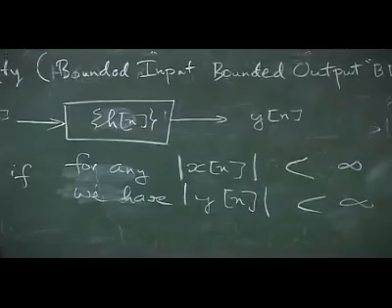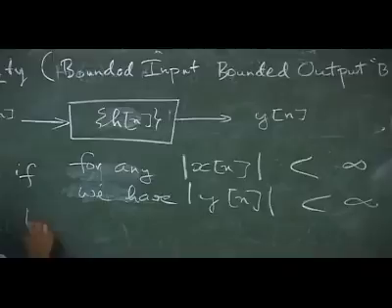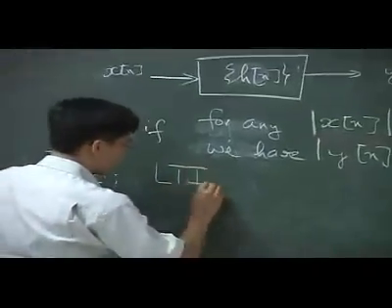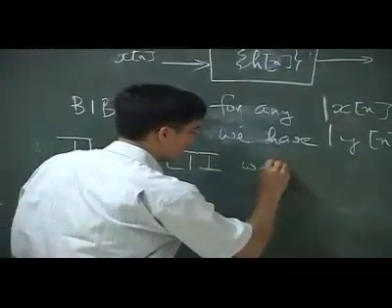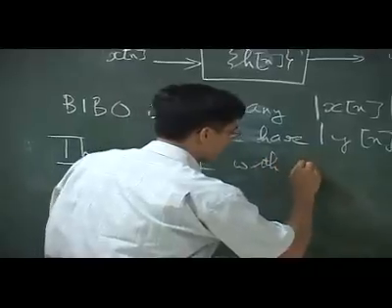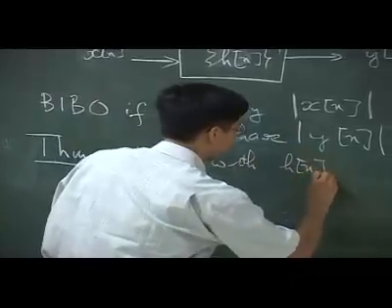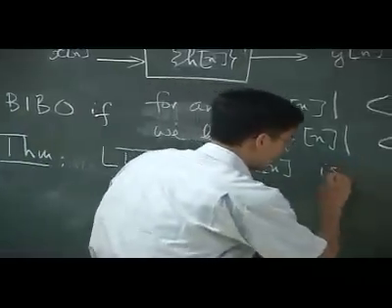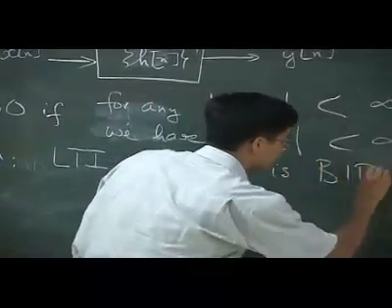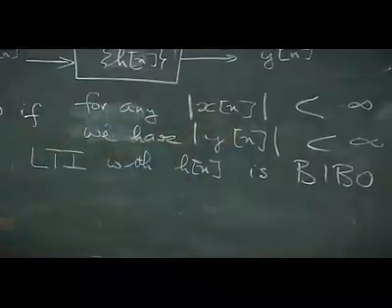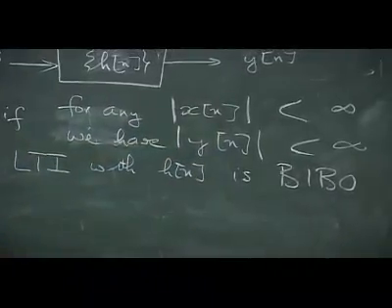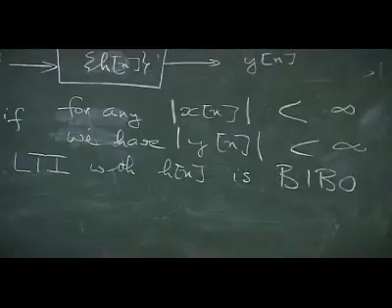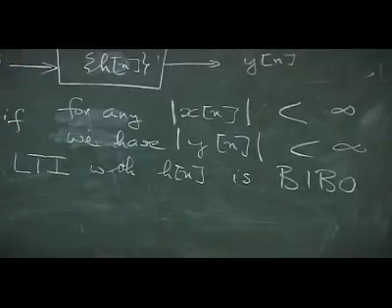So the theorem to say here is: an LTI system with h[n], where h[n] is the unit impulse response, is BIBO or stable, right? In signal processing, stable means BIBO stable.